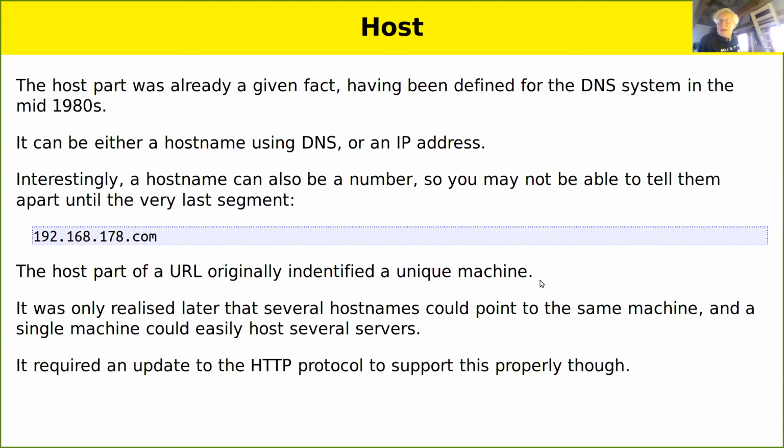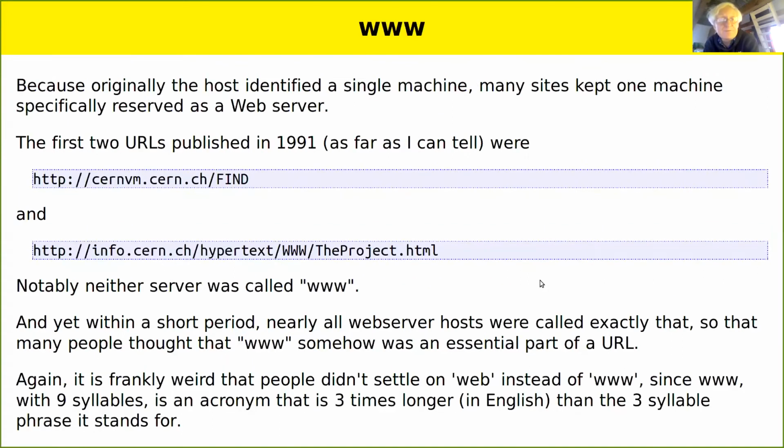So it no longer necessarily identifies a unique machine, but the HTTP protocol had to be updated in order to support that properly, so that the server would know which host name was being addressed.